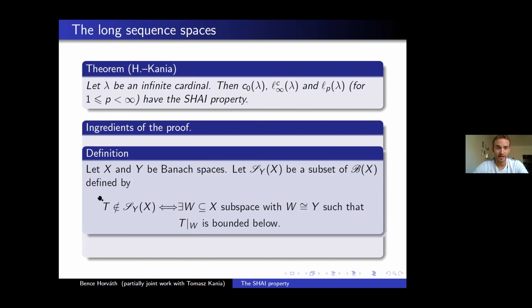Actually, it's easier to define what doesn't belong to this set. T is not a Y singular operator if you can find a subspace W of X, isomorphic to Y, such that T restricted to this subspace is bounded below. And so this set is called the Y singular operators on X.